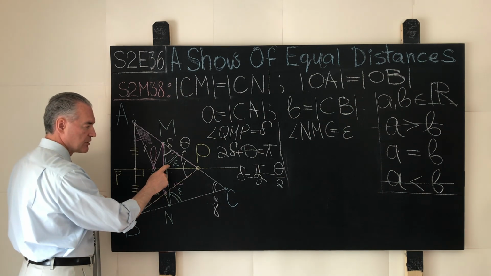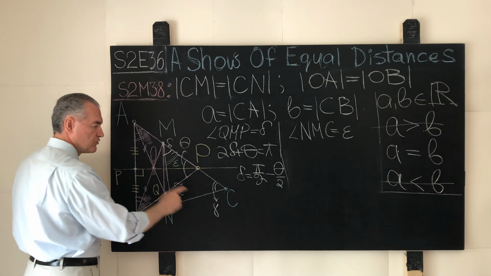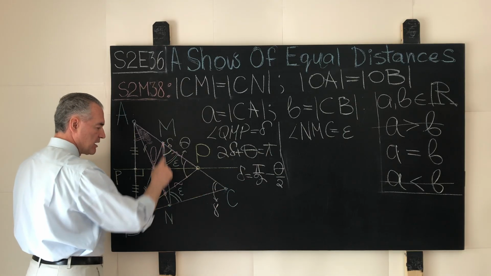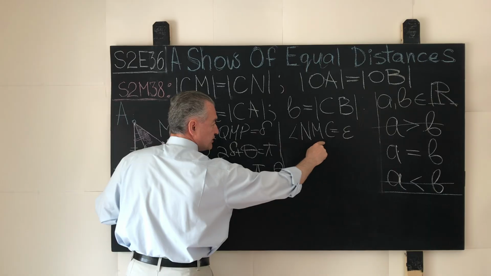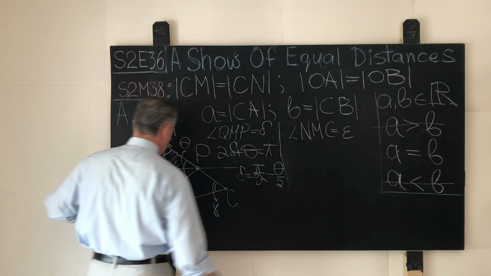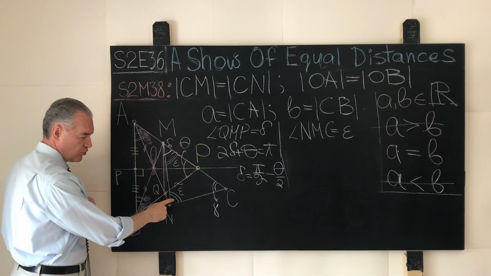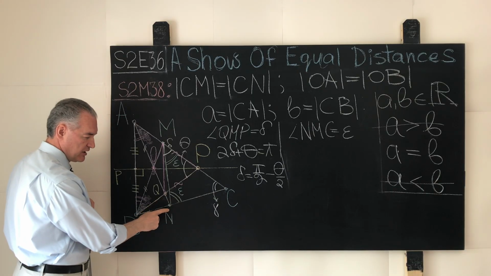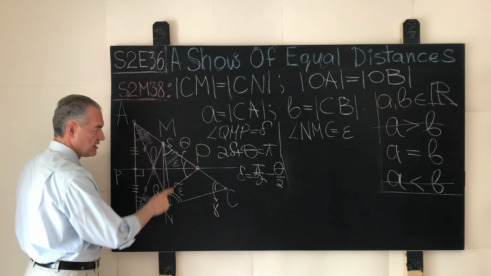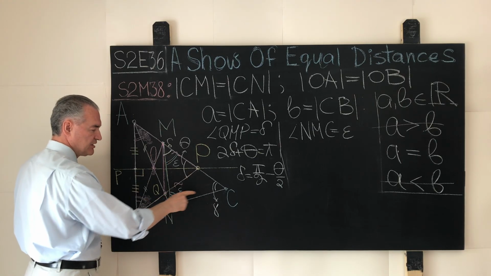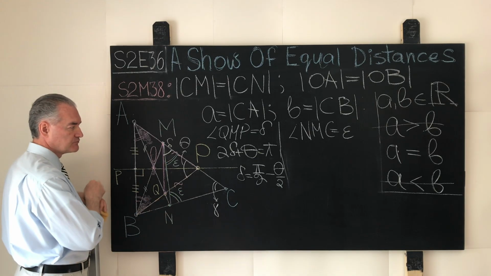So now we carefully mark it. The magnitude of the angle CMN, or NMC, we designated with epsilon. And that means that the magnitude of the interior angle of this triangle at the vertex N is exactly the same. CNM or MNC is also epsilon.